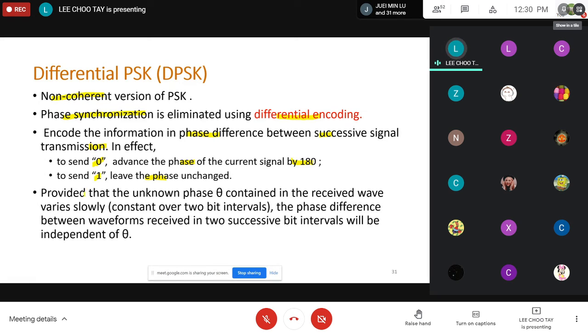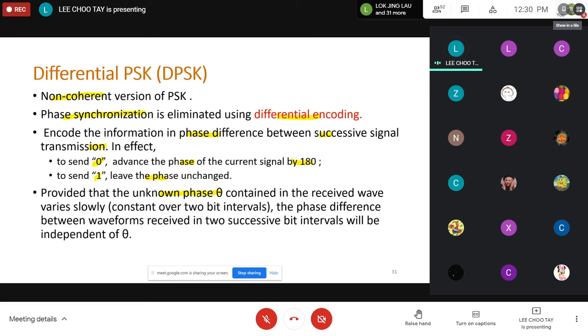Of course, this is only possible provided that the phase error contained in the received information is changing slowly. That means for two successive bits, there isn't much change in the phase error.